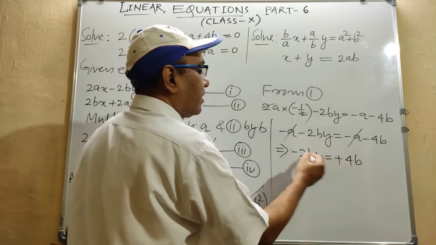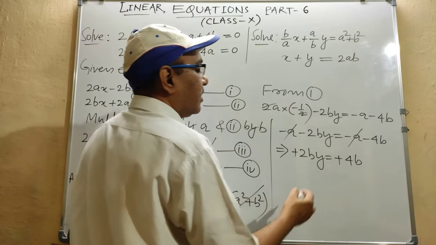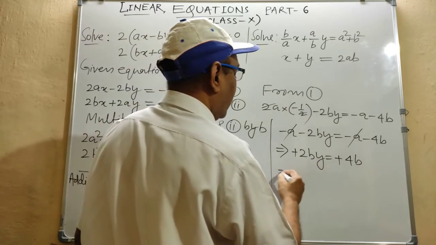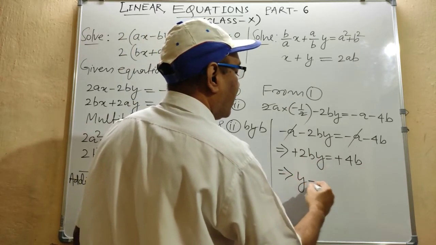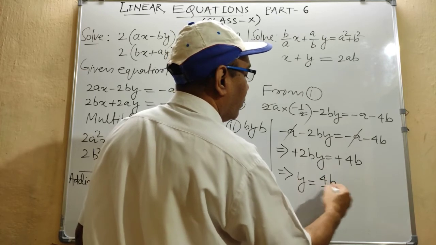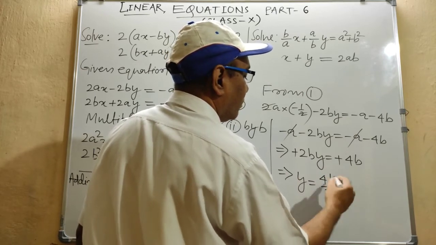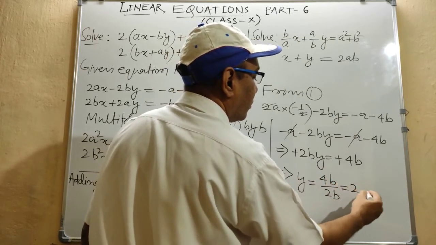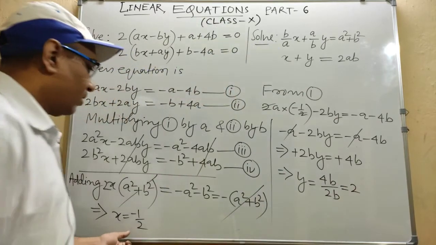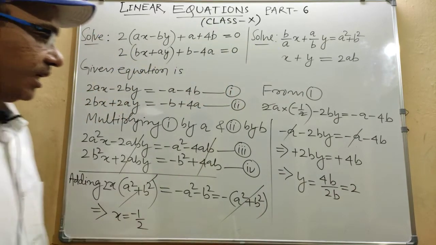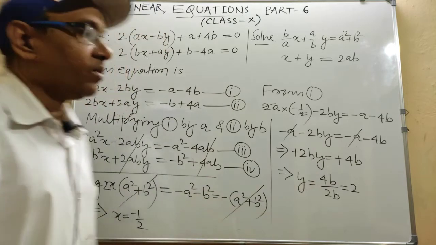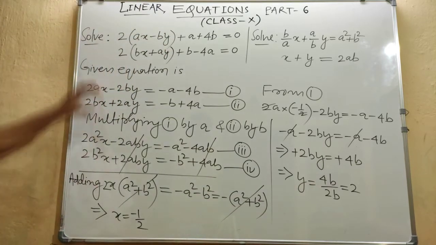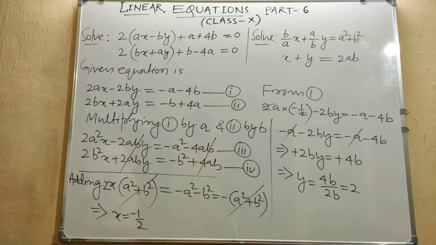Here the minus sign can be cancelled from both sides, and from here y can be calculated as 4b by 2b. So b cancels, 4 by 2 is 2. So in this way x equal to minus half and y equal to 2 will be the answer for this system of linear equations. I hope you have understood it. Now let us come to the second problem.